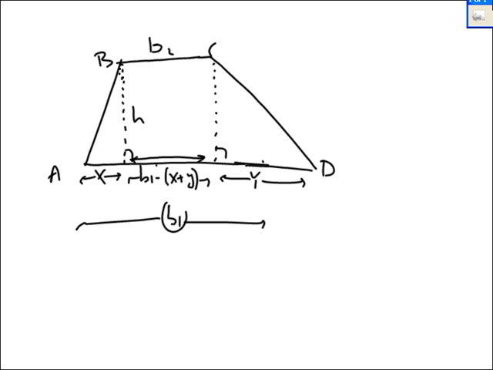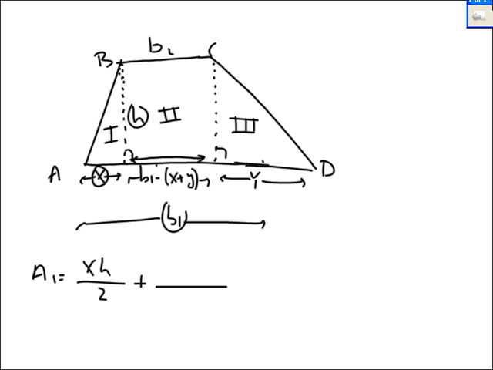Okay, so now we have three regions: 1, 2, and good old 3. The area of region 1 is a triangle, so it's the base times the height over 2. The area of region 2 is base times height. Well, the base is B1 minus X minus Y times the height.